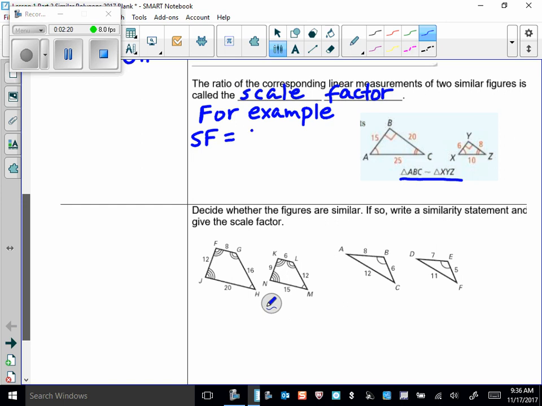So I'm just going to pick AB over XY, and that's going to be 15 over 6, and of course I always want to simplify that, so the scale factor of ABC to XYZ is going to be 5 halves, right? 3 goes into 15 five times, and into 6 two times. So the scale factor of ABC to XYZ is 5 to 2.